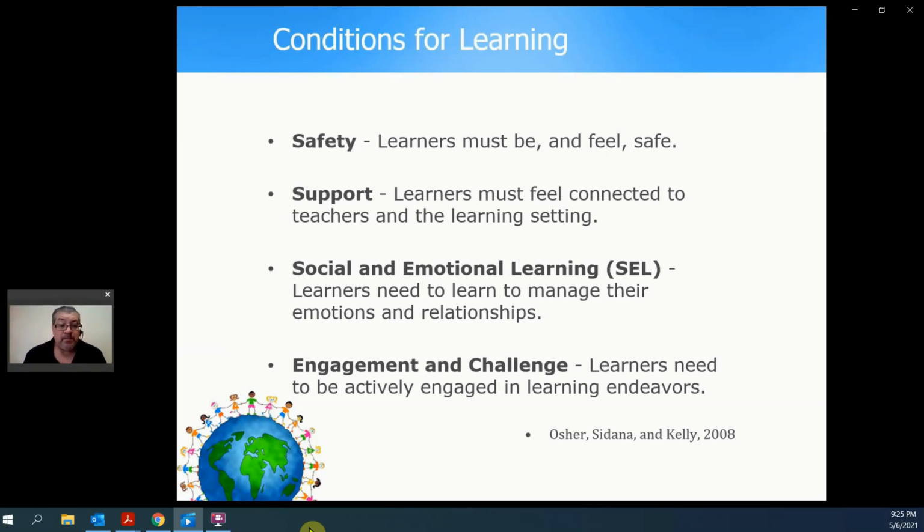The ones that may have a BIP or the ones that may be sat for any reason, they tend to feel more comfortable and less defensive. So I think that these are the ideal conditions, and trying to establish these conditions is extremely important, not just for culturally responsive teaching, but for just teaching in general.